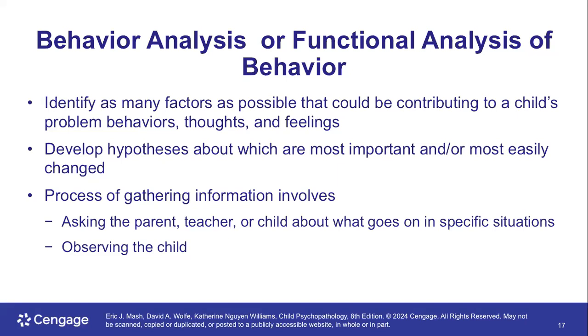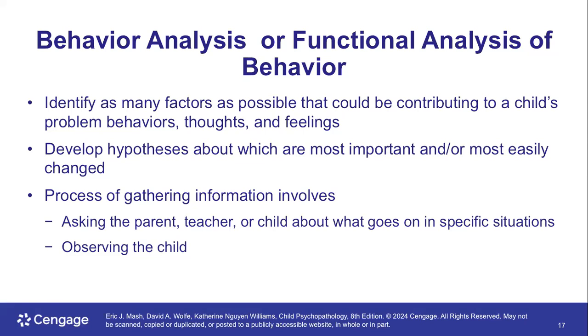There is an honesty issue. And especially when working with parents, there is a natural tendency to report one's child's behavior in a more favorable light than is really true. And a teacher might report a child's behavior in a less favorable light than is true.